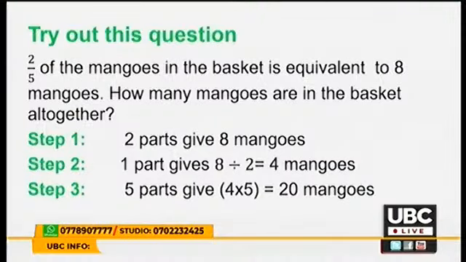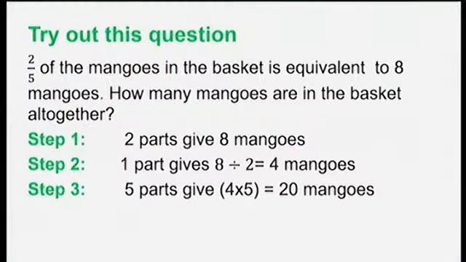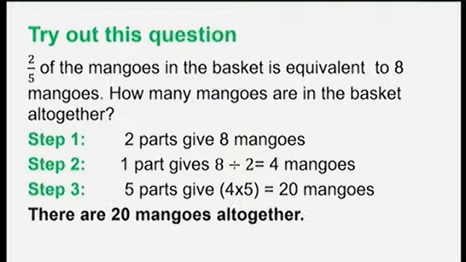Why? Because we have got 5 parts in total. The 2/5 indicates that we have 2 parts, but out of 5 in total, which is why we are multiplying by 5. So 4 times 5 gives us 20 mangoes. Then we conclude and say, therefore, there are 20 mangoes altogether.